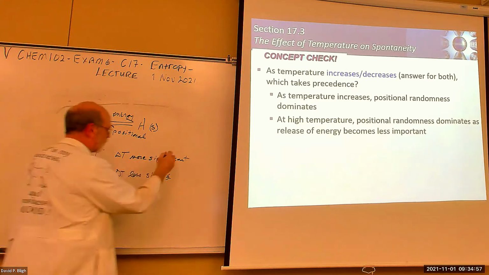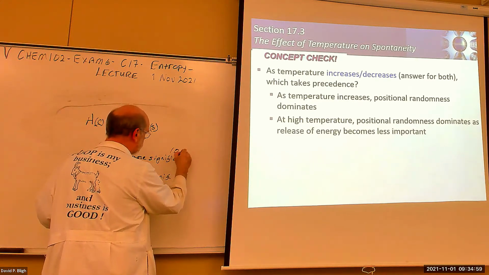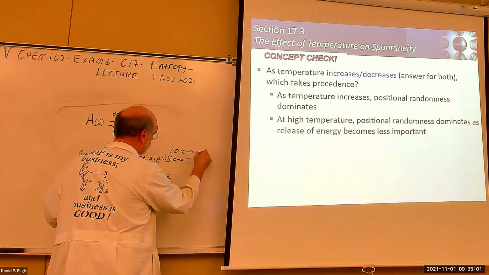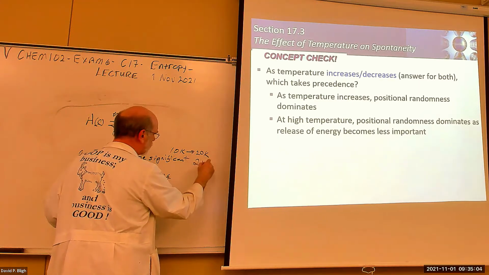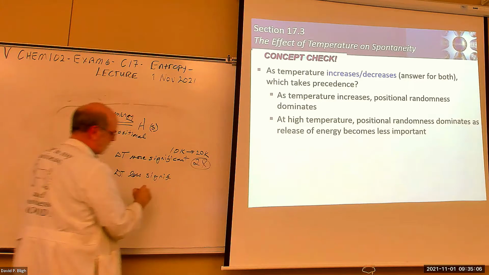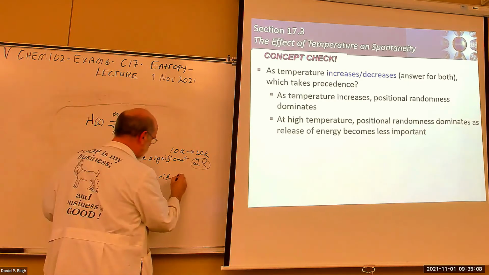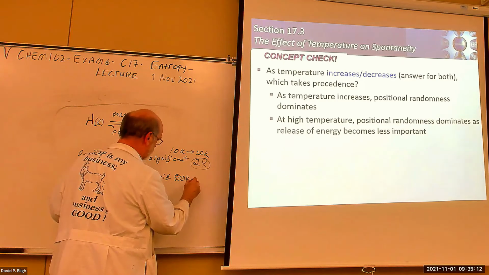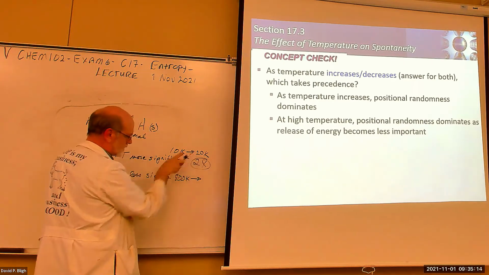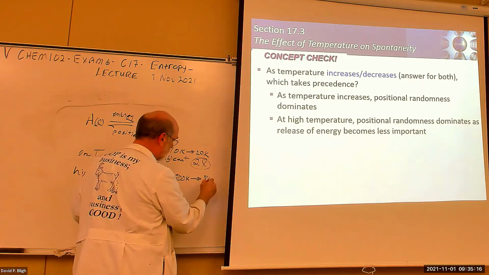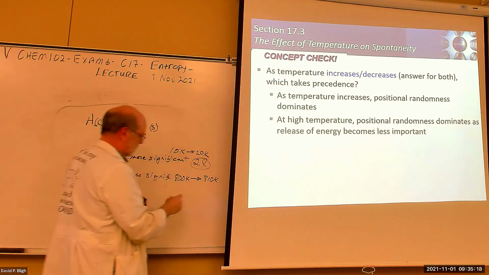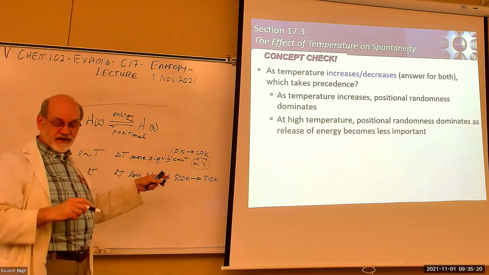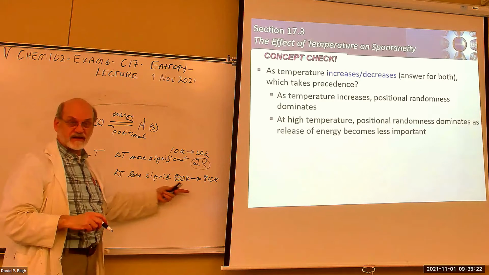So my example was, we go from 10K to 20K is a doubling. But at high temperature, say 800K, if we go the same 10-degree movement, 810K, that's just a minor tick, right?